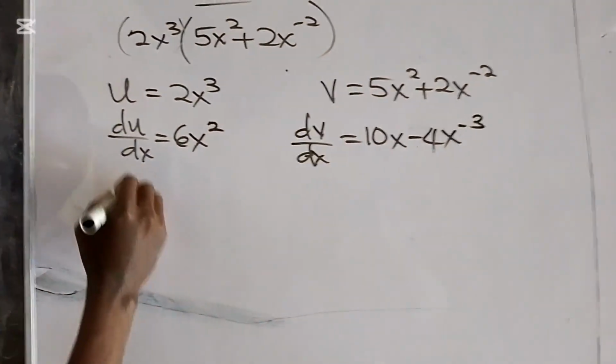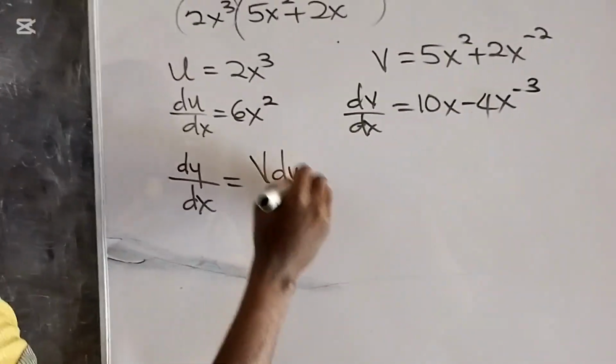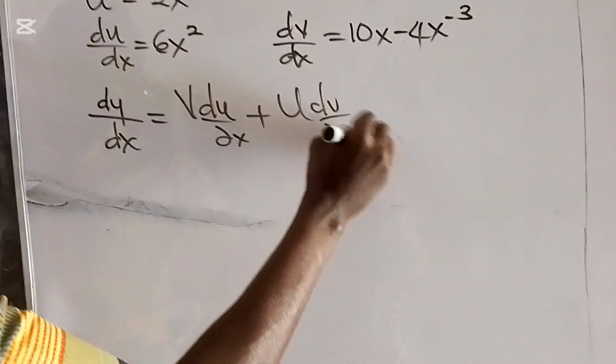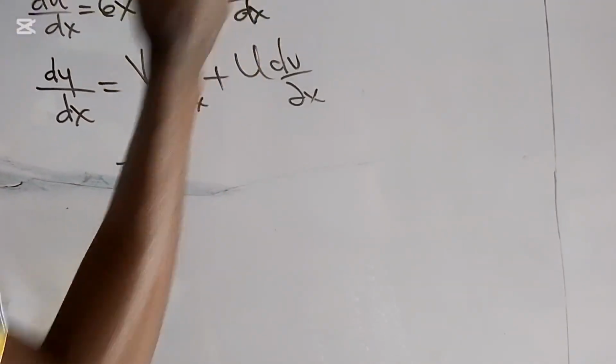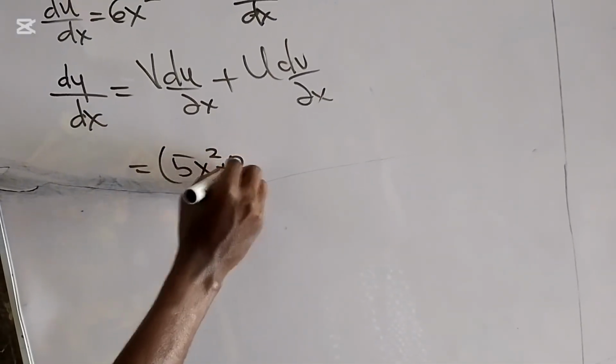So our dy over dx is equal to v du dx plus u dv dx. So we do the substitution. Our v is 5x squared plus 2x to the negative 2.